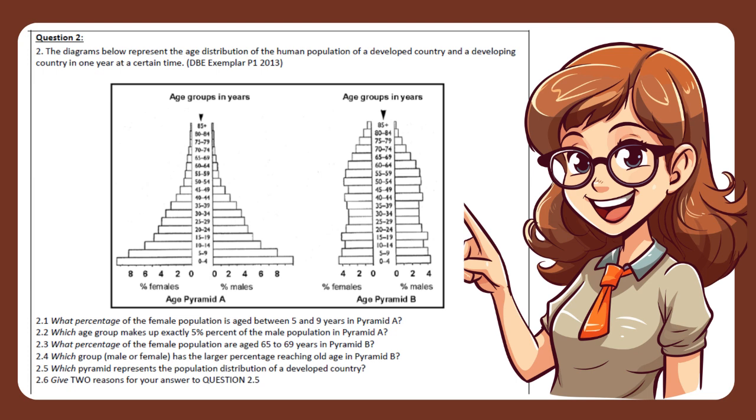DB Exemplar P1 2013. 2.1 What percentage of the female population is aged between 5 and 9 years in Pyramid A? 2.2 Which age group makes up exactly 5% of the male population in Pyramid A? 2.3 What percentage of the female population are aged 65 to 69 years in Pyramid B? 2.4 Which group, male or female, has the larger percentage reaching old age in Pyramid B? 2.5 Which pyramid represents the population distribution of a developed country? 2.6 Give 2 reasons for your answer to question 2.5.